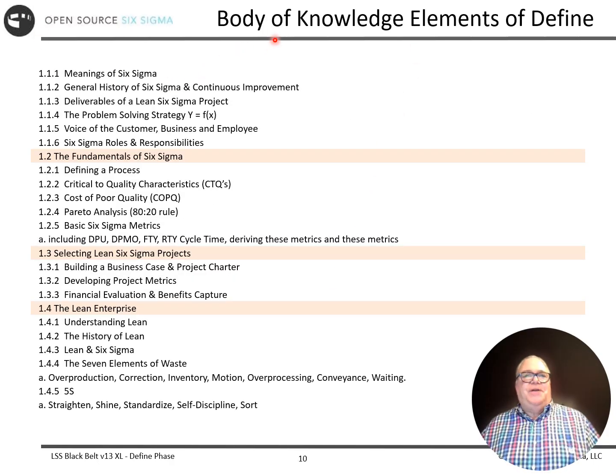Just a little extra here. The training material that we have for you here is laid out to support the agreed upon body of knowledge for what a black belt should know. And so these are all the elements that are included and line up with the define phase.